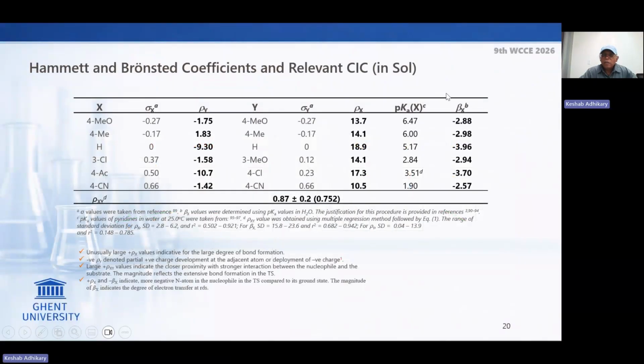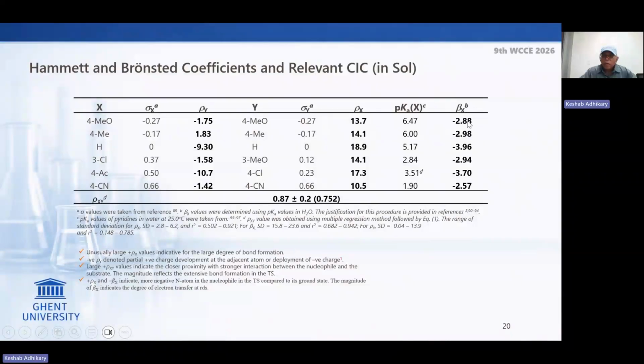For the Bronsted coefficient in the solvent model, when we calculate, we can find the reaction constants: rho X for the Y substituent variation, rho Y for the X substituent variation, and beta X for the X substituent variation, against the pK value of the nucleophile.